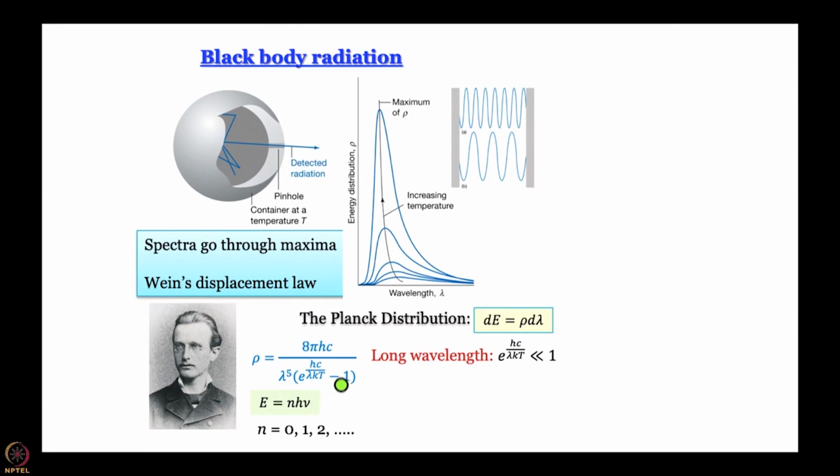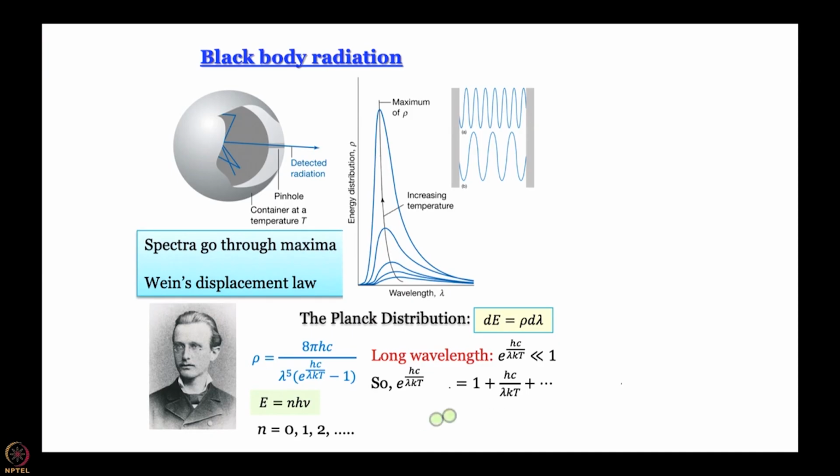For long wavelength, one can assume that e to the power hc by lambda kT is going to be much smaller than 1. In that case, one can write e to the power hc by lambda kT as 1 plus hc by lambda kT. Once again, this is something that we learned in class 11-12 math. So, what happens?